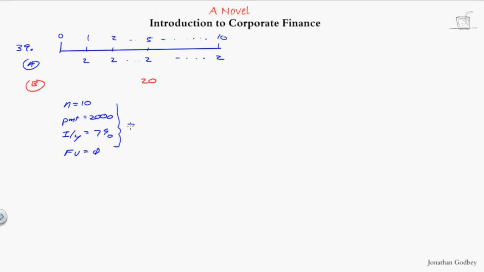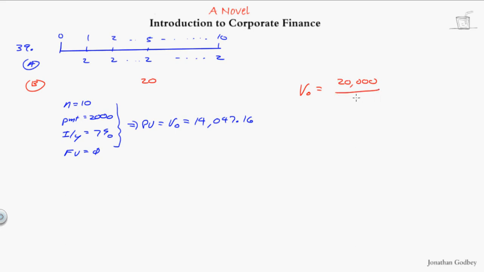Plug all this in, get your present value, that's the value today, and that's going to be for Machine A, 14,047.16.